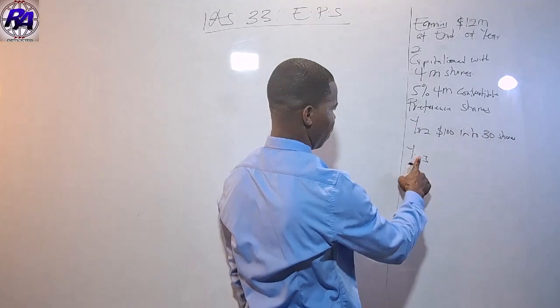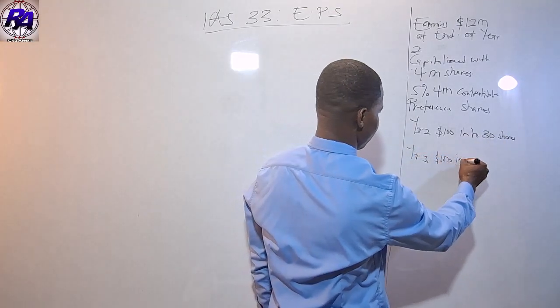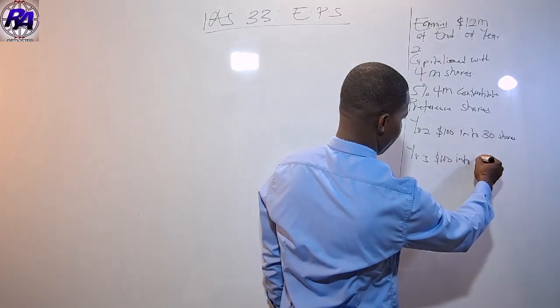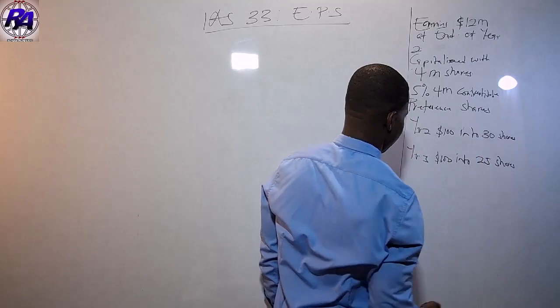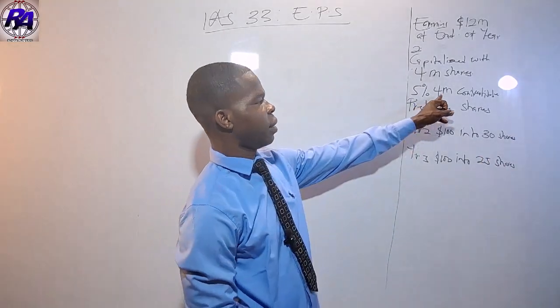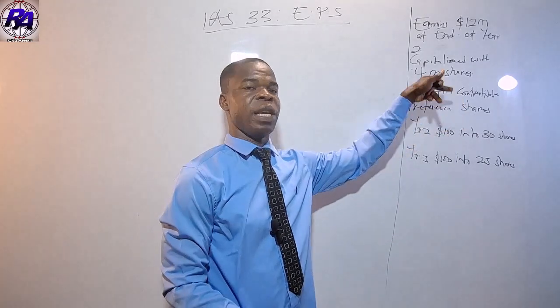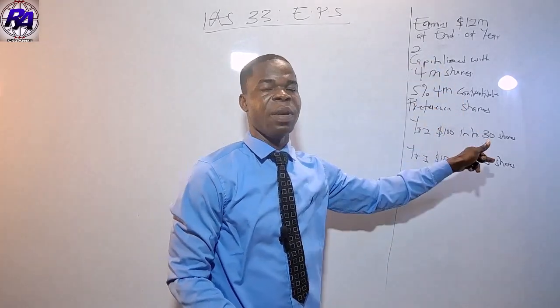Then at the end of year 3, every $100 into 25 shares. This convertible loan is assumed to be at the beginning of the period. I will explain when it is not at the beginning of the period.